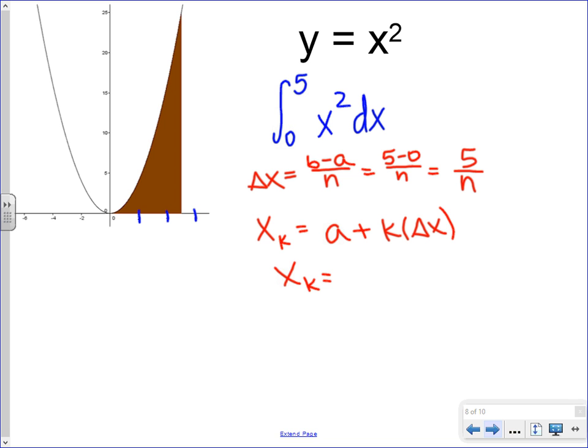So a is 0 plus k times our delta x, which is 5 over n. So 5 over n k is that x value that we're going to plug into our function.